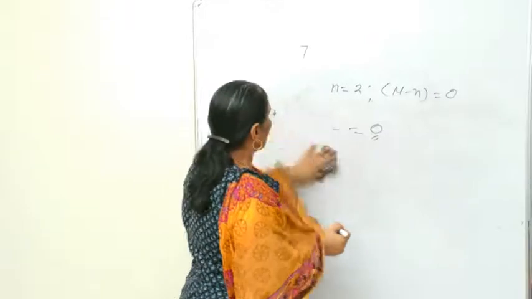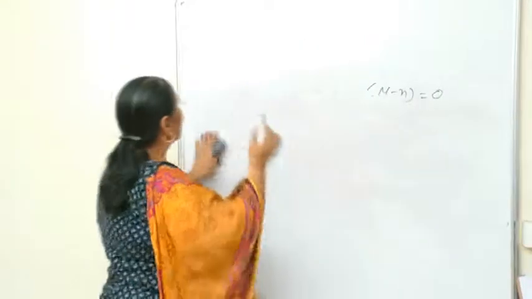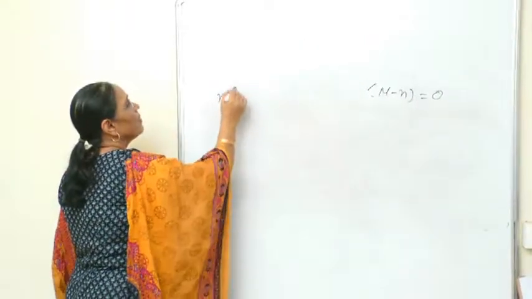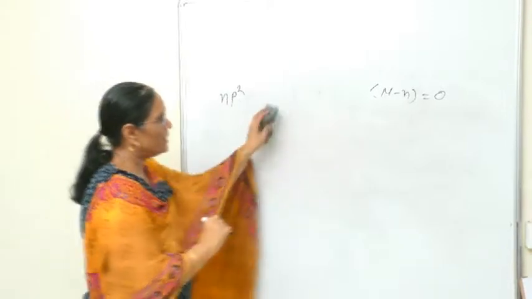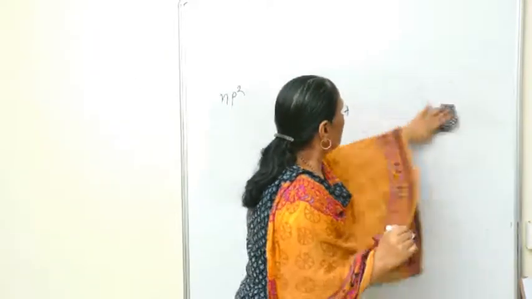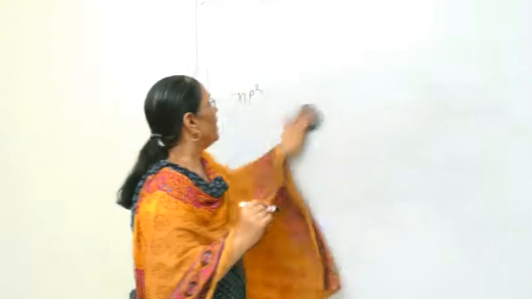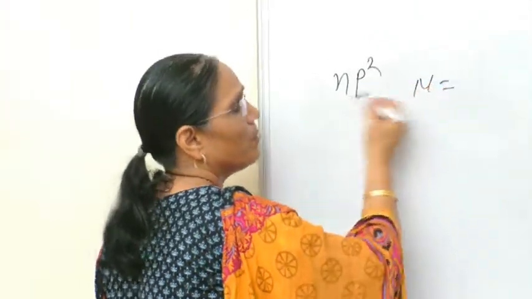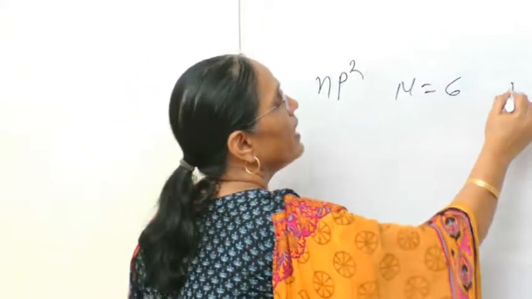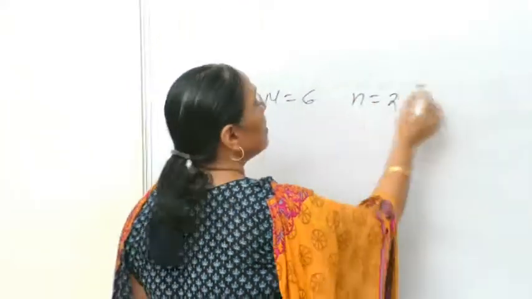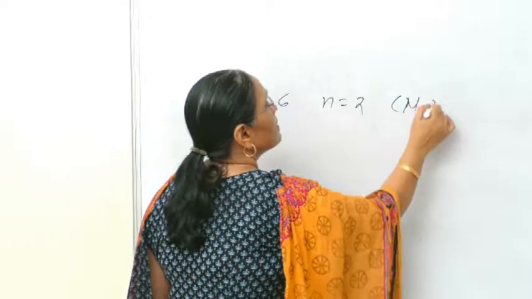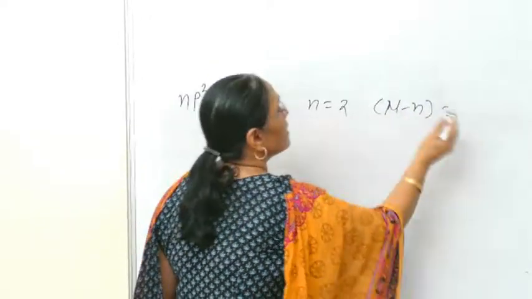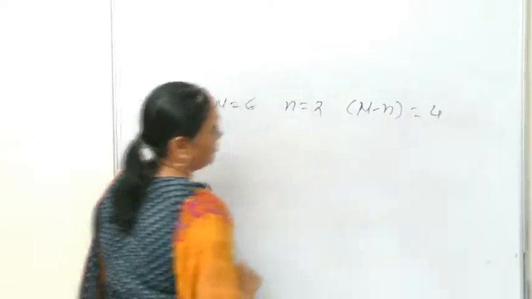For np2 configuration, now it is easy to see the values of N and small n. Capital N for p is 6, small n is equal to 2, therefore N minus n will be equal to 6 minus 2, that is 4.